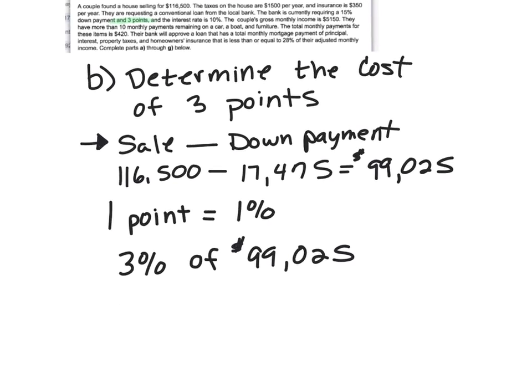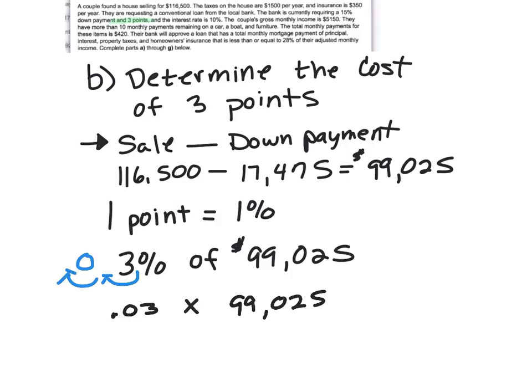Remember to convert that percent into a decimal. You move the decimal over 2 places to the left. However, this time you don't have a second number, so you're going to have to add a 0 there as a placeholder. So 3% written as a decimal is 0.03. We're going to convert that word of into the multiplication that it represents in $99,025.